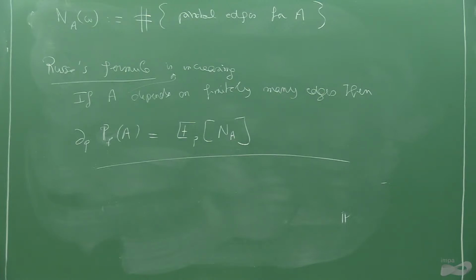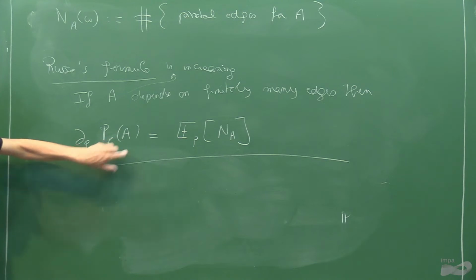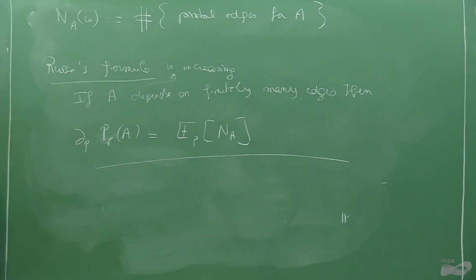The fact that P_p of A is non-decreasing is not surprising. This would come for free from the coupling argument we had. If you remember when we proved that theta of p was increasing in p with the coupling argument, this argument kind of generalized to say that the probability of any increasing event is non-decreasing in p. But now we have an expression for the derivative.